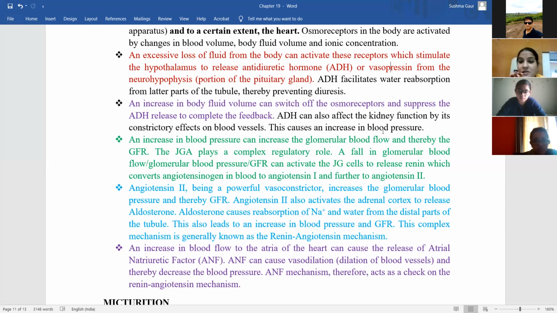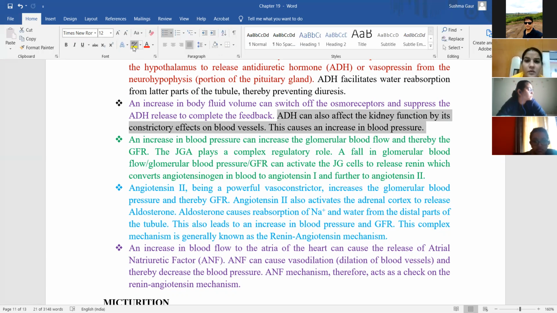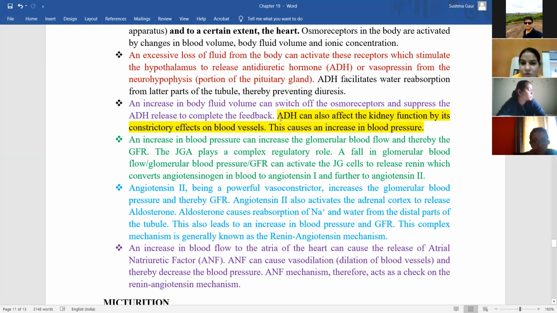This causes an increase in blood pressure. I will explain this line later on. I'm not able to understand this line right now. Okay. An increase in the blood pressure increases the glomerular blood flow, and thereby, okay. So this antidiuretic hormone can also maintain or increase the blood pressure.